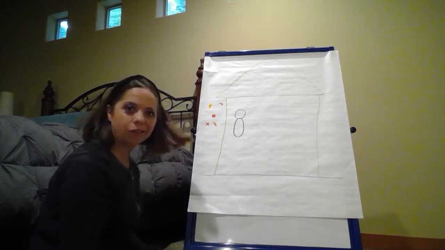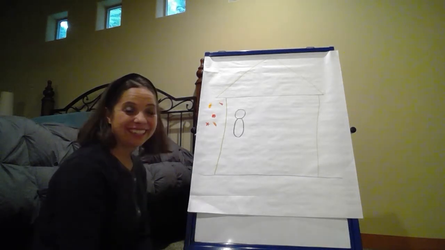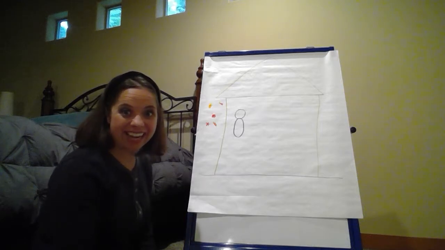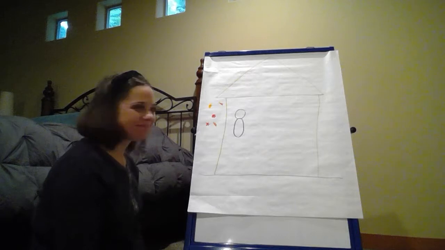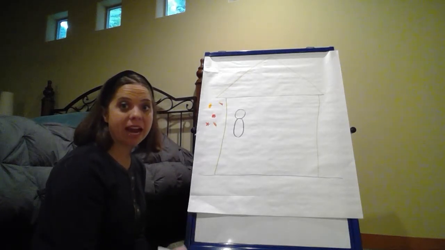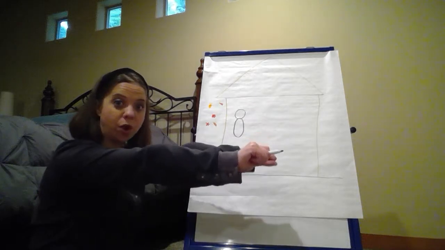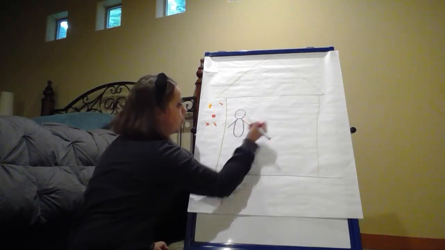Now, what else do I need to draw? A lot of things, right? Arms, legs, face, hair. I'll draw my arms and legs next. First, my arms. I have 2 arms. 1, 2.